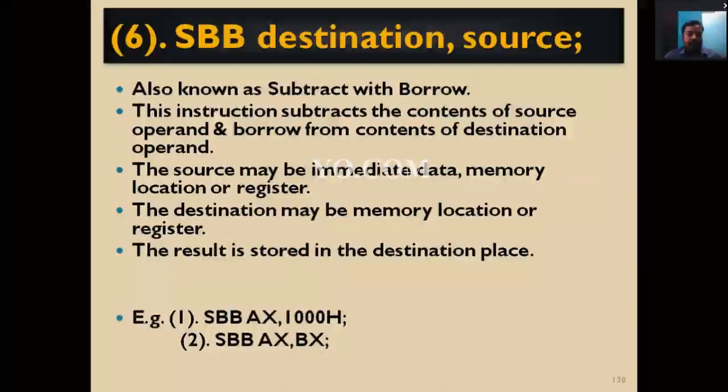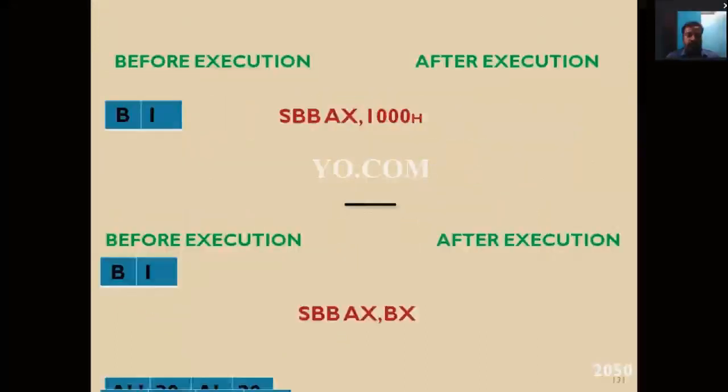That is SBB. So SBB AX, 1000 means AX minus 1000 minus carry flag. Similarly, SBB AX, BX means AX equals AX minus BX minus carry flag. Right, this is a subtraction.